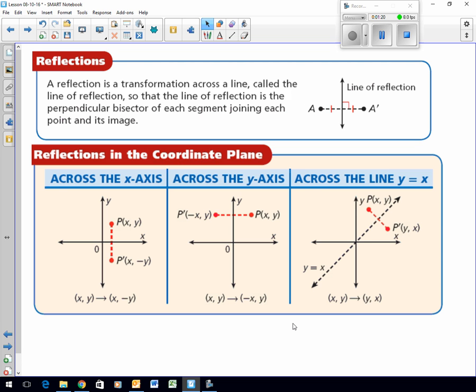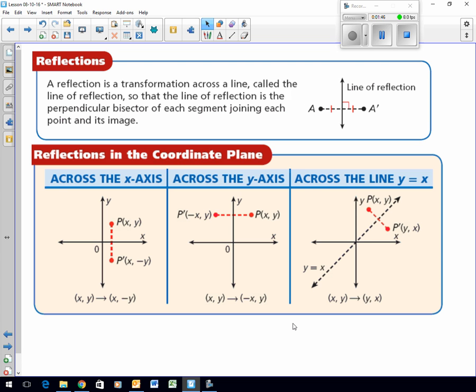All right, so check it out, y'all. Reflections. Anytime a point is reflected, we have what is called the line of reflection. That line of reflection forms a perpendicular bisector with each particular point that we are reflecting across.